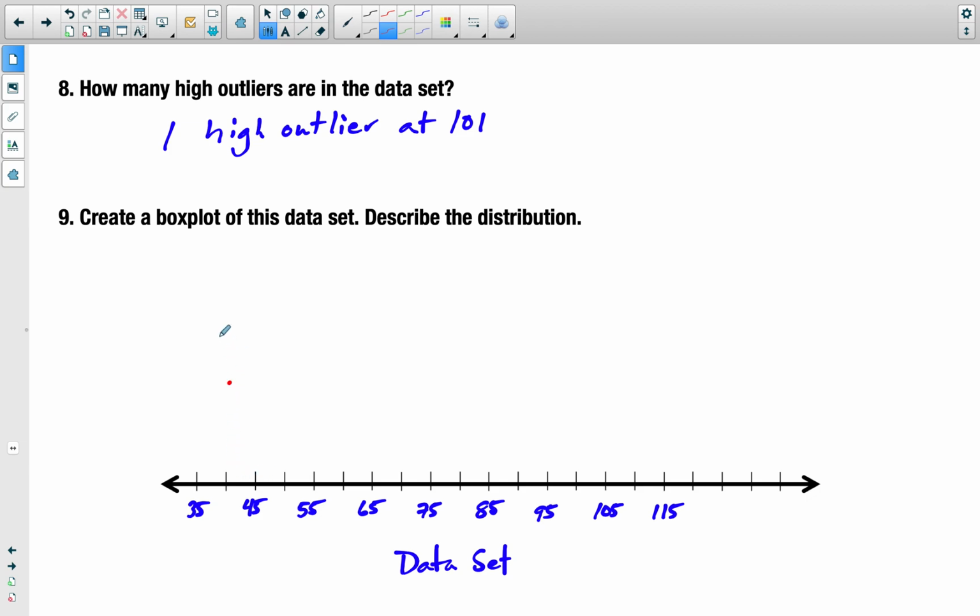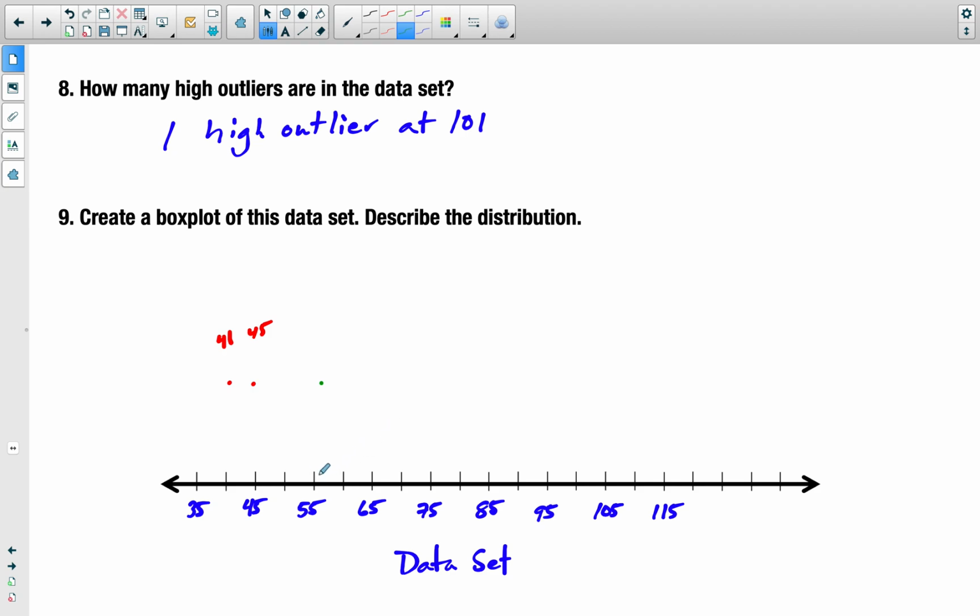I also like to at least put in my 5-number summary as well above the values. I got another outlier at 45. My lowest value that's not an outlier is 56, but that's also my Q1. So I won't have a whisker on my left side because the lowest value that's not an outlier, which is what my whisker would extend to, and my Q1 are the same number.